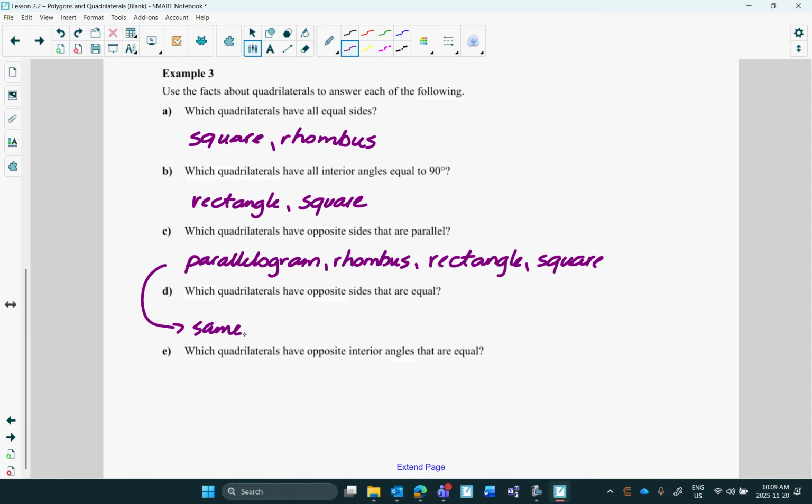And what quadrilaterals have opposite angles that are equal? All of them again. The only one that doesn't meet these are trapezoids.